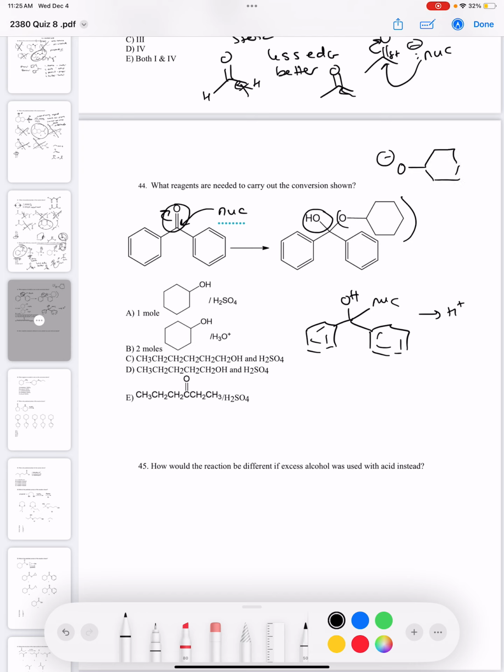Now we've talked about how this could be base catalyzed, but we could also do the acid catalyzed version, and it would just need to be deprotonated.